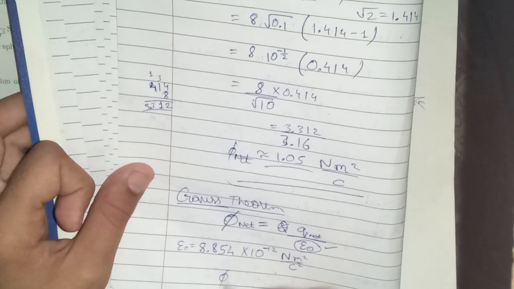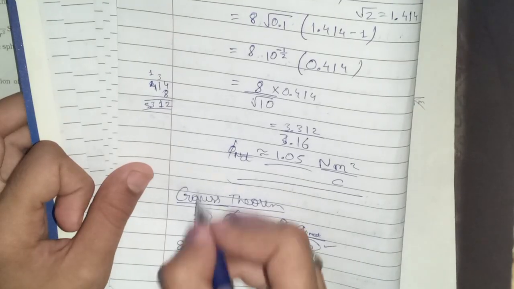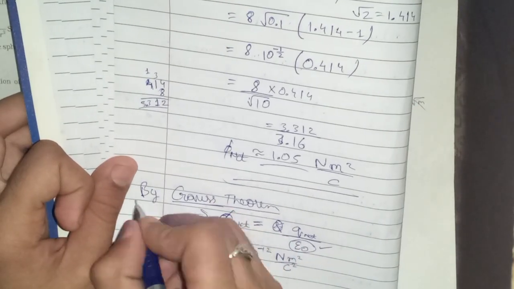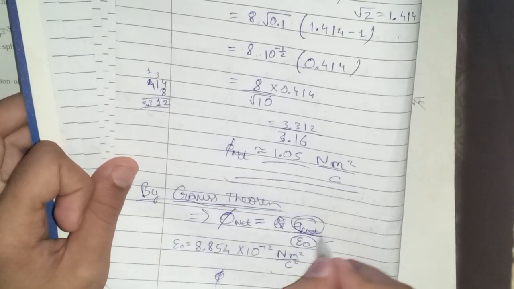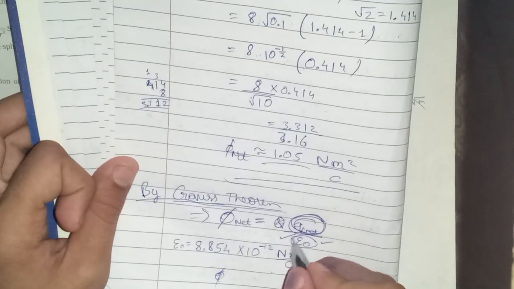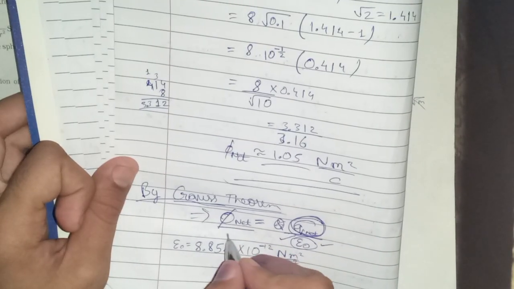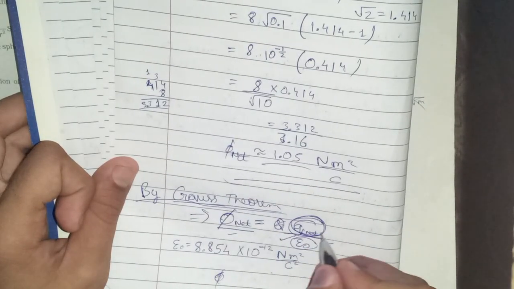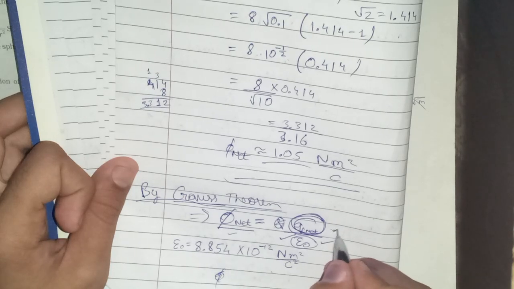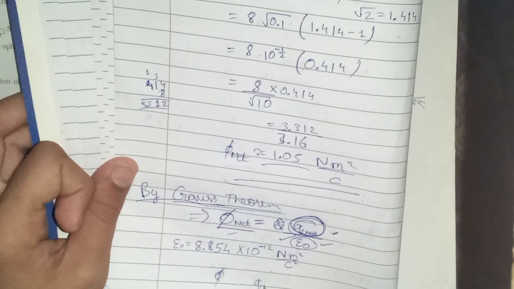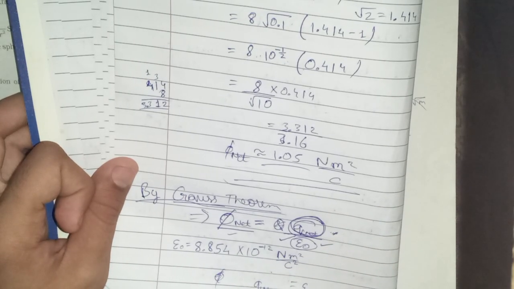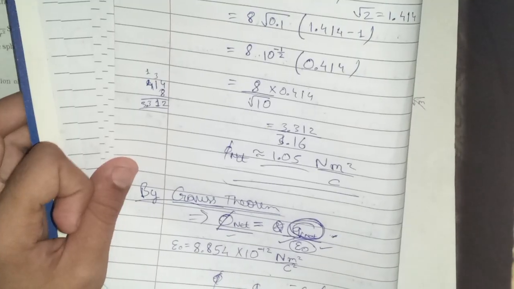Just put the values in this formula, and by Gauss theorem you can find this charge. This one is constant, we know this value already, and we just need to find the charge. Q net is equal to epsilon naught times phi. So let's do it.